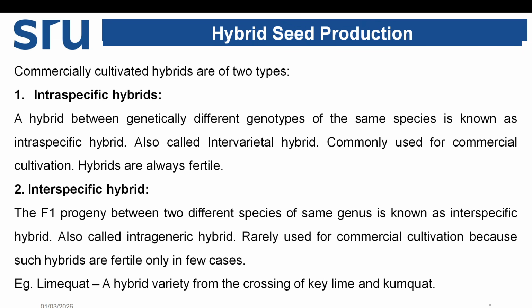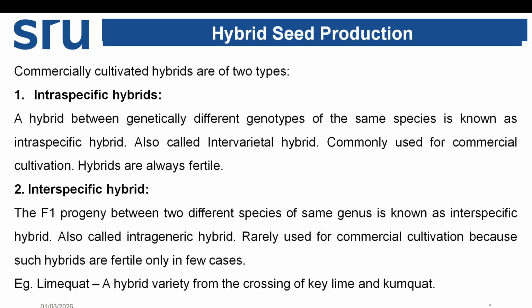Then our next point is commercially cultivated hybrids. Generally these commercially cultivated hybrids are of two types. First, intraspecific hybrids. So what is intraspecific? A hybrid between genetically different genotypes of the same species is known as an intraspecific hybrid.